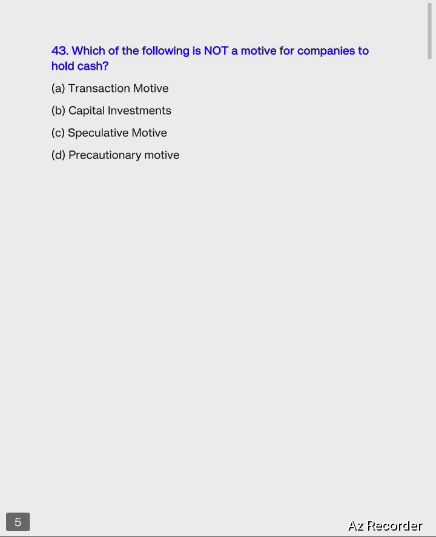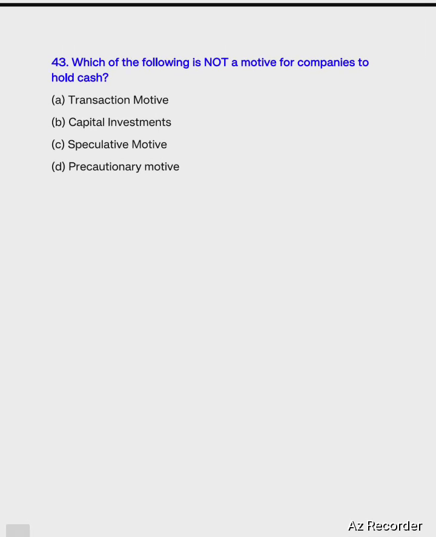Question number 40. Which of the following is not a motive for companies to hold cash? John Maynard Keynes in 1936, in his book The General Theory of Employment, Interest and Money, wrote that there are mainly 3 motives of holding cash, which are transaction motive, speculative motive, and precautionary motive. So this particular motive was not an exclusive or exhaustive set of motives.